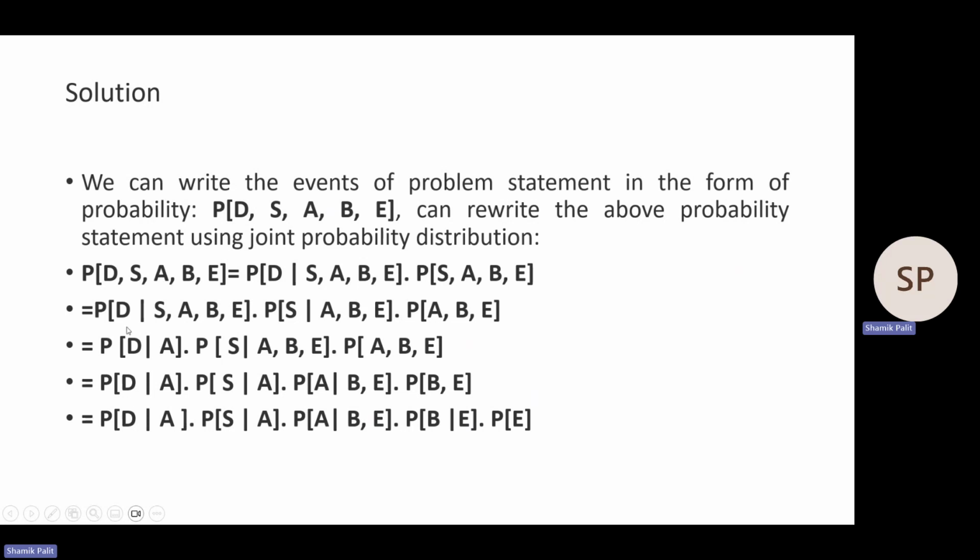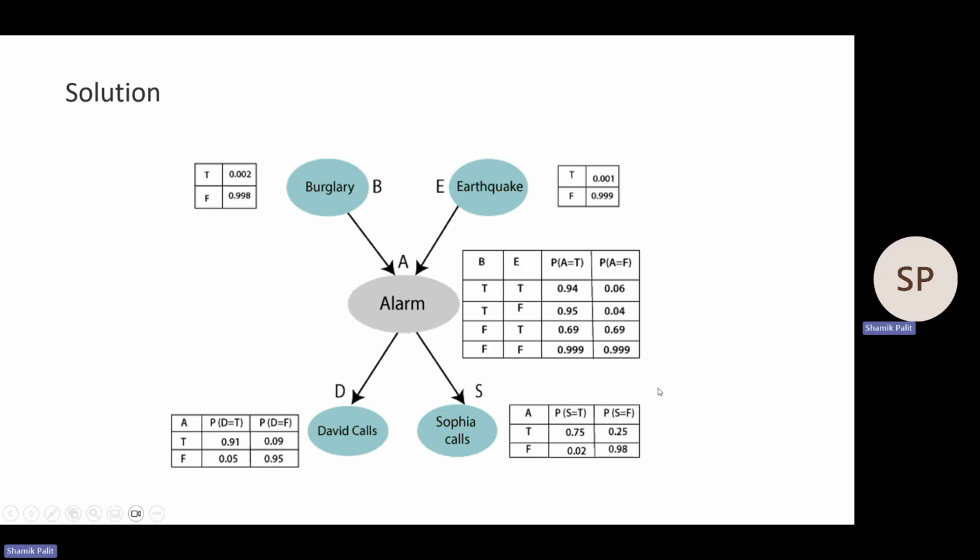So ultimately, the probability associated with these 5 events can be computed using the conditional probability approach, which we have already learned earlier, that the joint probability distribution depends on a conditional probability distribution, because it's much more convenient for us to compute the conditional probability, which gives you the joint probability distribution value. So like that, we now plot the following directed acyclic graph where alarm is being taken.